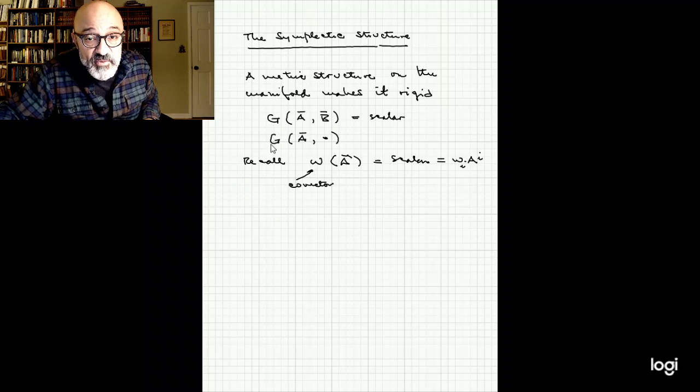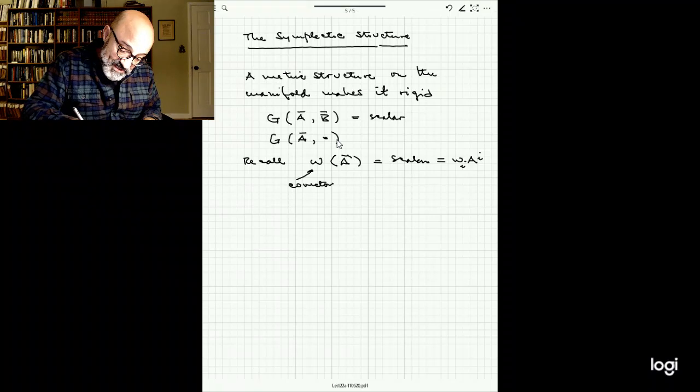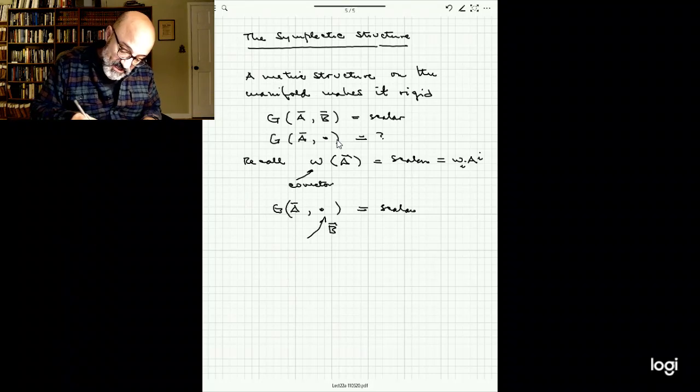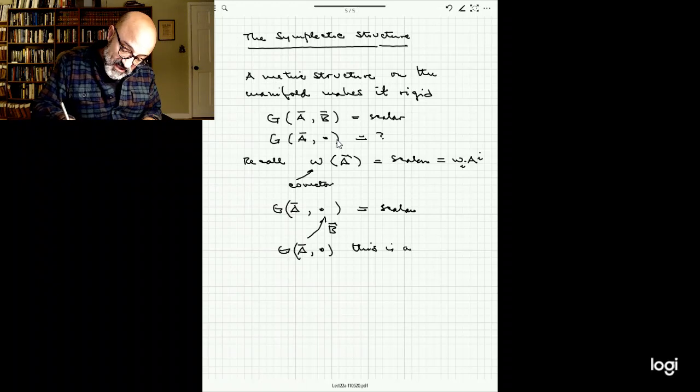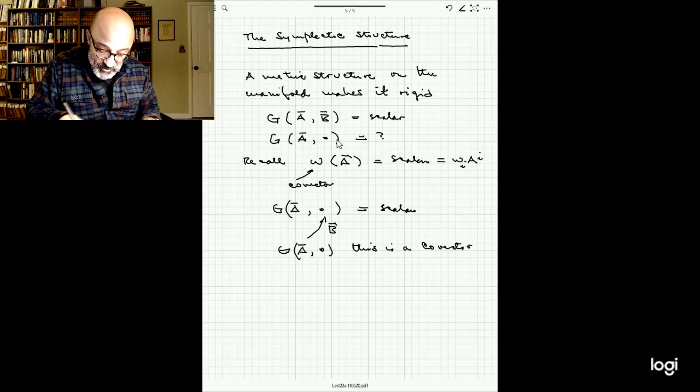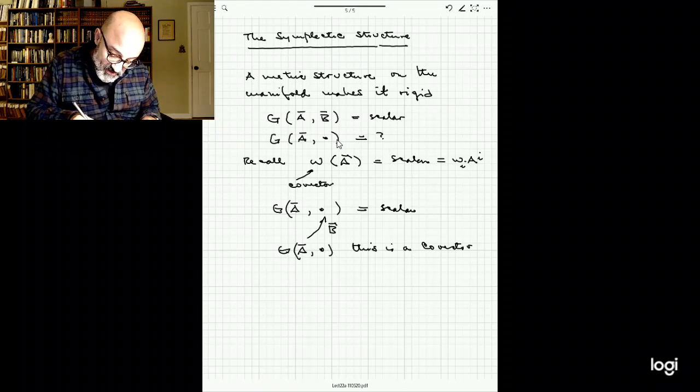So when we have an object like this, something that if you were to put here a vector, you would get a scalar, the conclusion is that whatever this object is, this is a covector.